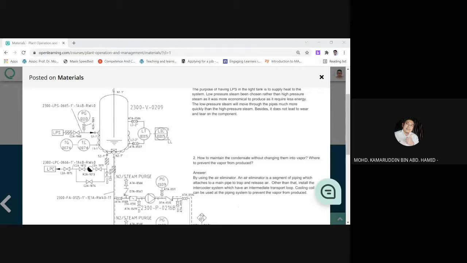More pressure, more vapor, then you may release it, because you don't have any cooler that can transform this into a liquid. So the easiest way is to release. There is one way to prevent it.